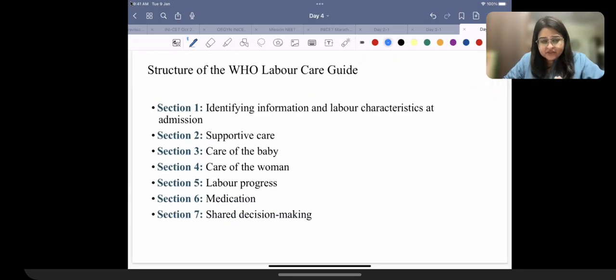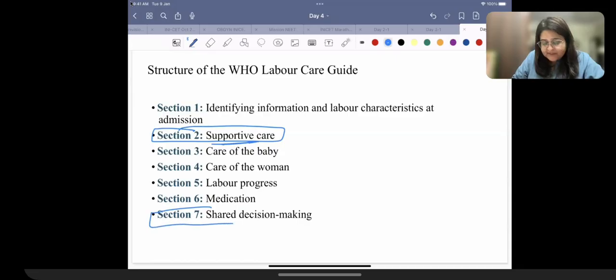Now, the structure of the LCG has 7 sections. The main new sections, which were not there in the old partograph, are section number 2, supportive care, and section number 7, shared decision making. So supportive care and shared decision making.